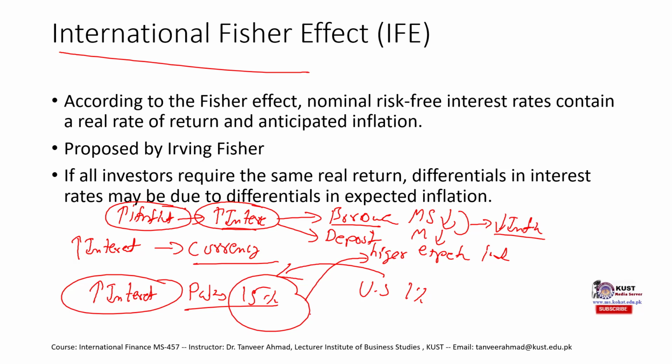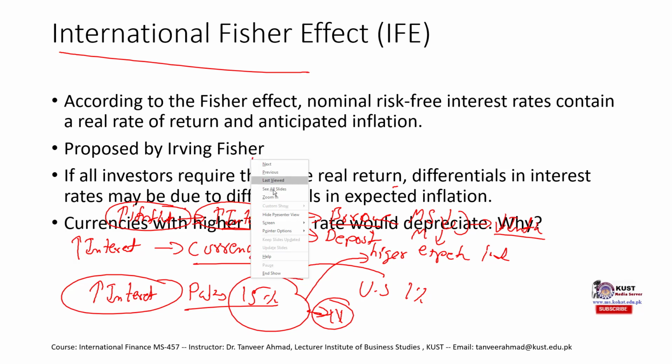So this 15%, which is the nominal interest rate, is not what the investor would earn. They need to calculate the real interest rate. So what is its impact? What does the international Fisher effect or this real interest rate have to do with our topic, which is the exchange rate?